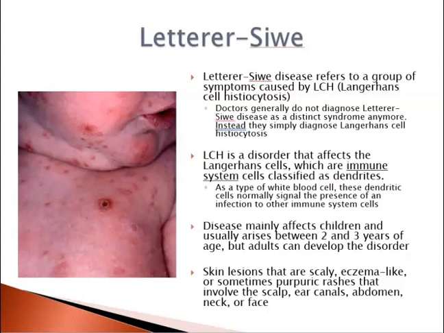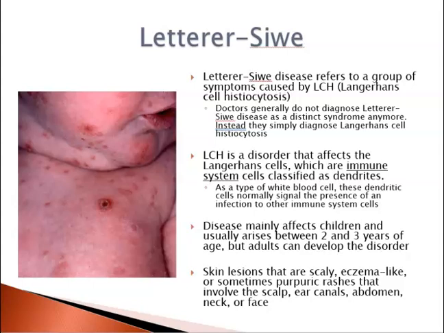The LCH is a disorder that affects the Langerhans cells, or the tissue cells, which are immune system cells classified as dendrites. And dendrites are monocytic, antigen-presenting white blood cells.